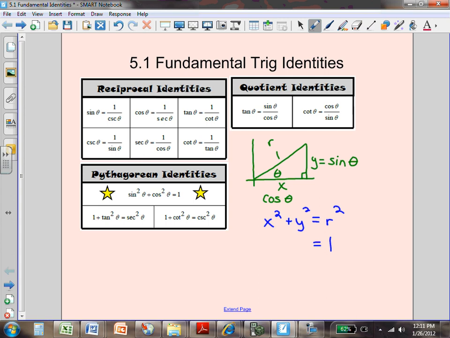X was our cosine, so we have cosine squared theta, and then we have sine squared theta for the y. And there is your very first Pythagorean identity. And it doesn't matter, of course, whether you write the sine first or the cosine first. So that's the basic Pythagorean identity.